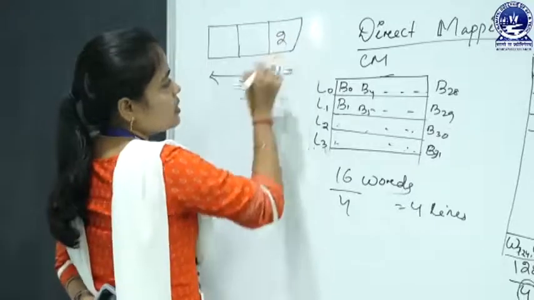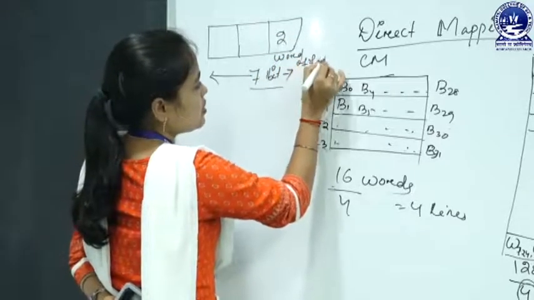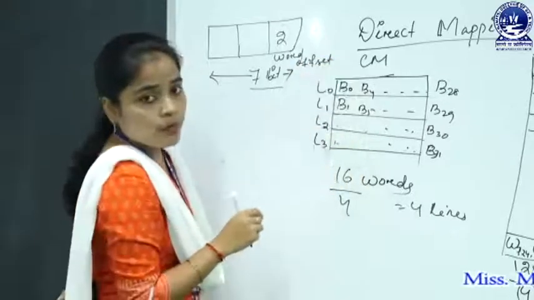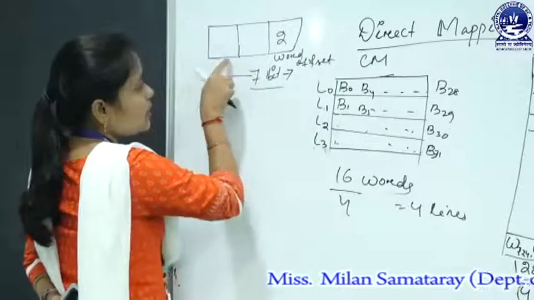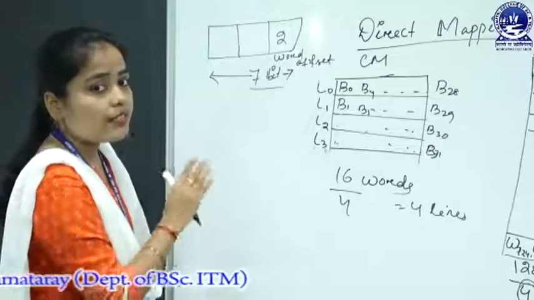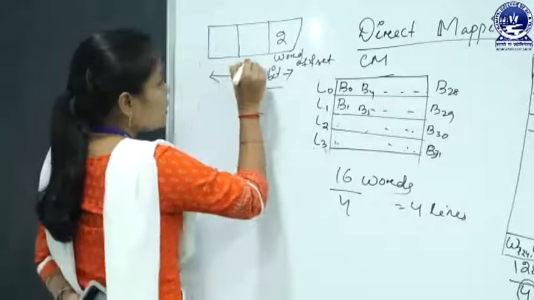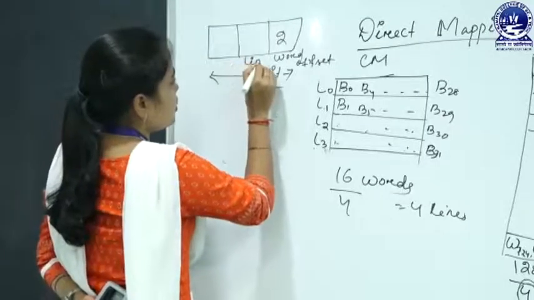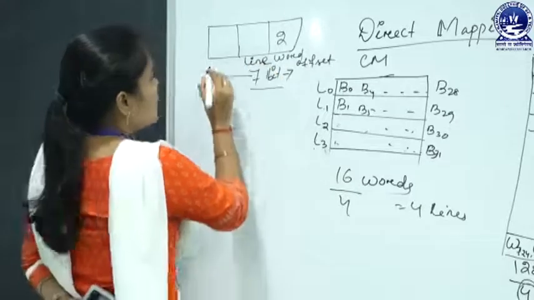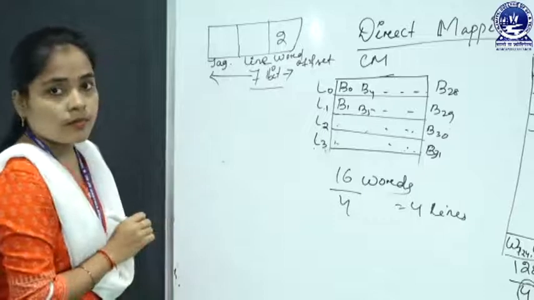The first 2 bits are called the word offset, as you can see there, and the remaining 5 bits are divided into 2 fields. This field represents the lines, and here is our tag field.